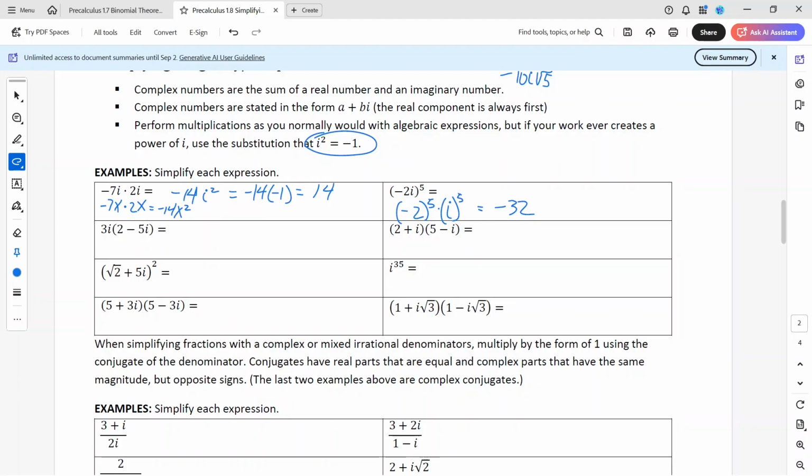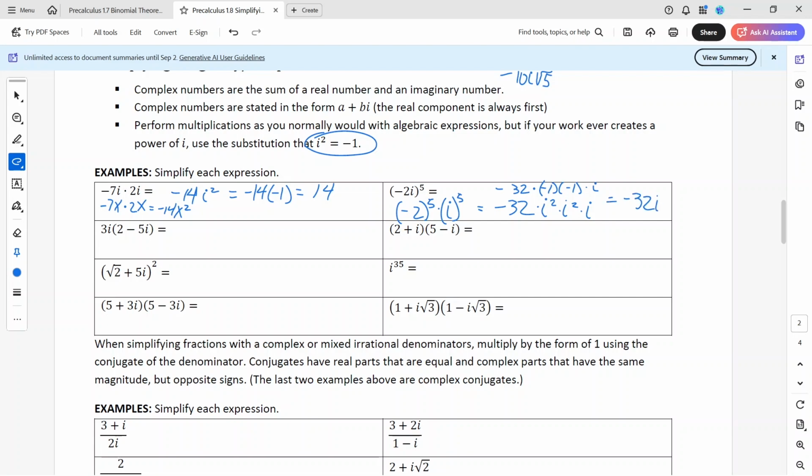So what I see on i to the 5th is that it's i squared times i squared again times an i. That would give us a negative 32 times a negative 1 times a negative 1 again times an i. So notice the negative 1 times negative 1 is a positive 1, and then times the negative 32 would be a negative 32i.